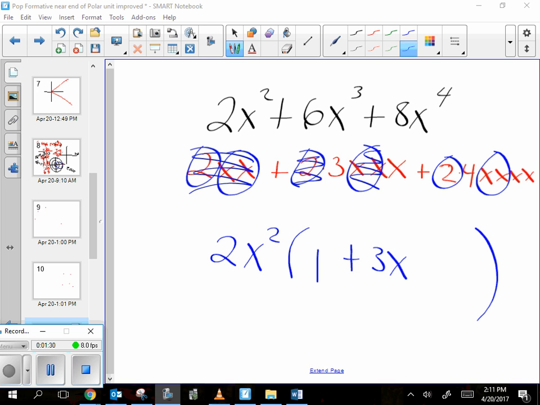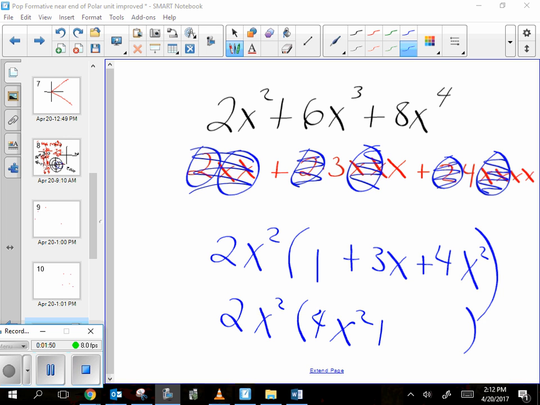This cancels out, and there's a 4 and an x, which is x squared. And we're all pluses, so there we go. That's factored form. The only thing you could say if you wanted to be a nitpicker is to say, Mr. Server, you should have put the 4x squared first, and the 3x in the middle, and the 1 last. There. That's factored all the way.